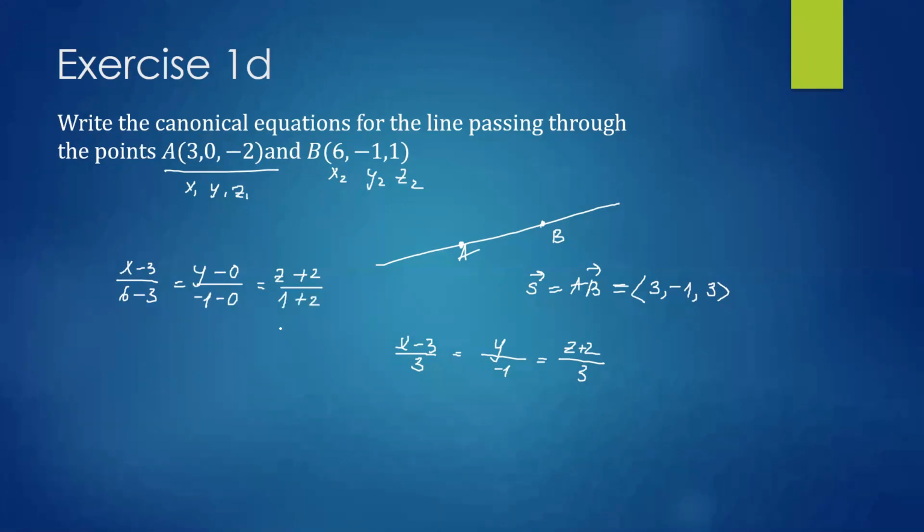And basically you get the same thing after simplifying. It's exactly the same. So you see, it's up to you which way you choose to do this. By the formula using x1, x2, and so on, or you just write down the direction vector from the 2 given points and write the canonical equations directly like this. That doesn't matter. The result will be the same.